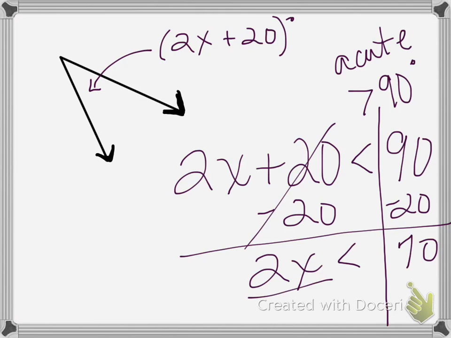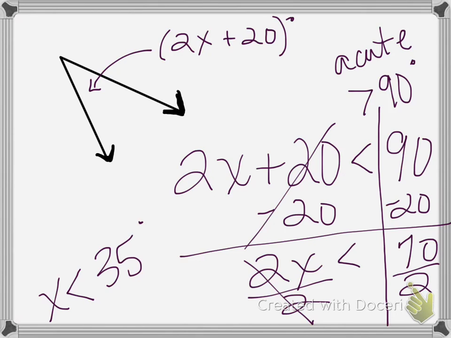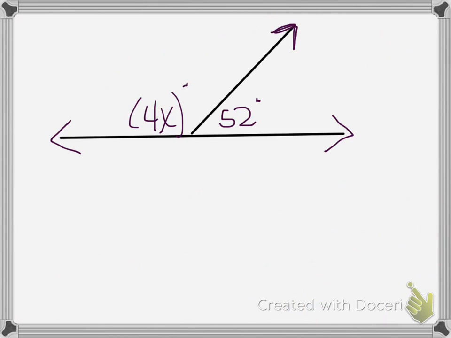Now I have to divide by 2, and I'm left with 1x, and that's going to be less than 70 divided by 2 is 35. So I know that the measure of this angle here is less than 35 degrees. So it makes sense. We know that it's less than 90 and 35 is less than 90. So it's an acute angle, and that's how you can find what the angle measure could be.